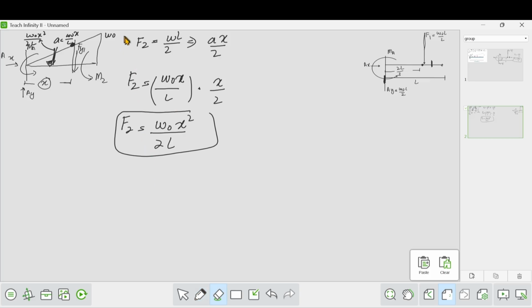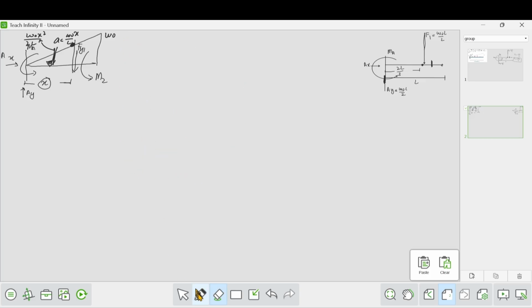Okay, now I erase it. Now I apply summation of vertical forces equal to 0. The force directed up will be taken as positive. So there is force AY and negative F2, which is at this mid, and the other force Fy1 equals 0.